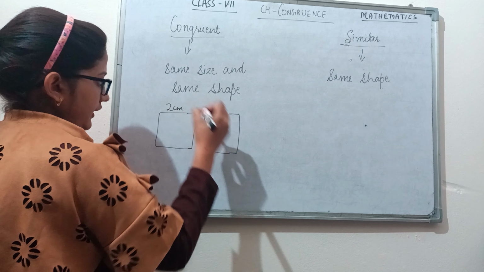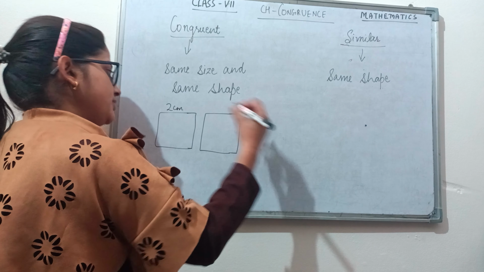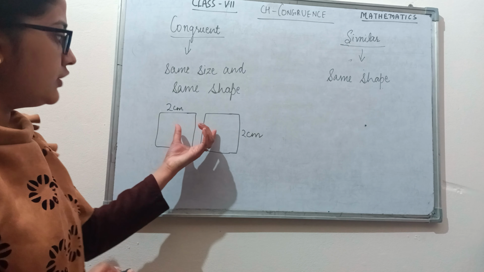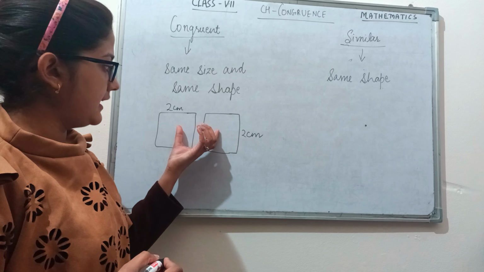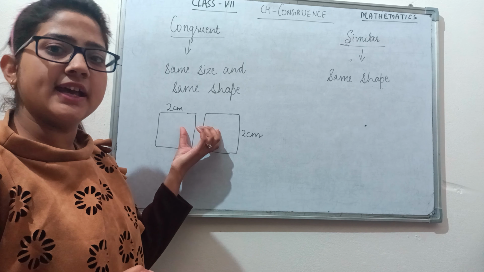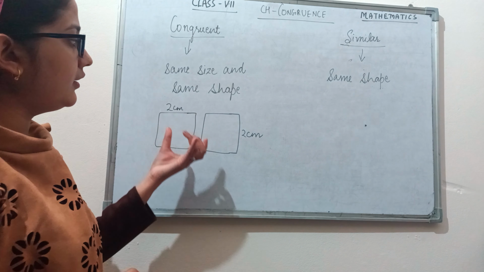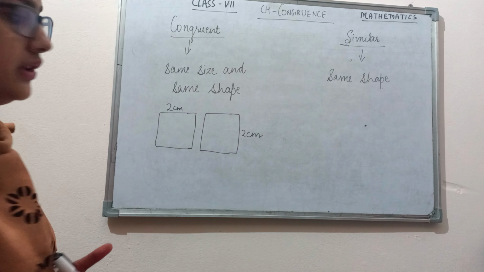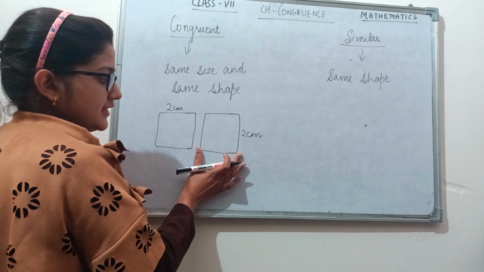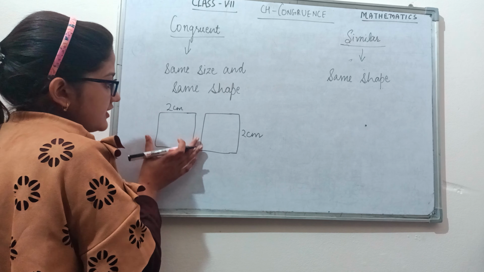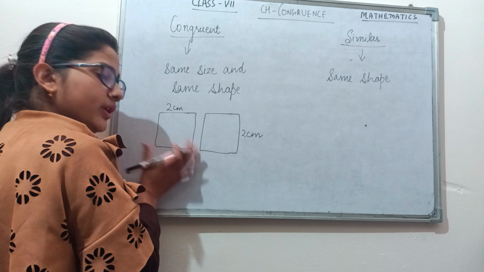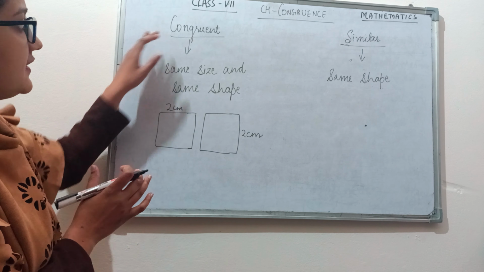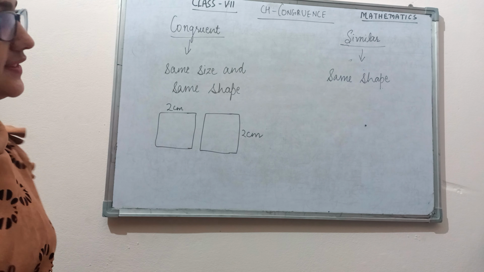Its side is 2 centimeter, and its side is also 2 centimeter. These two squares are the same in shape and size, which means these are congruent figures. If I place this square over this square, it will coincide.